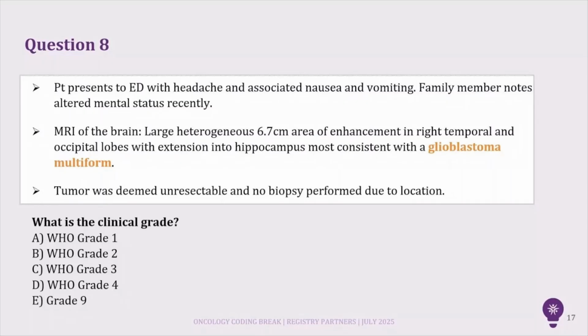Okay, it looks like grade 4 and grade 9 have the most votes.